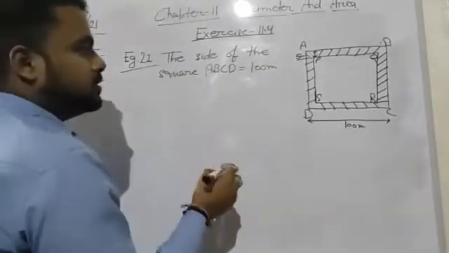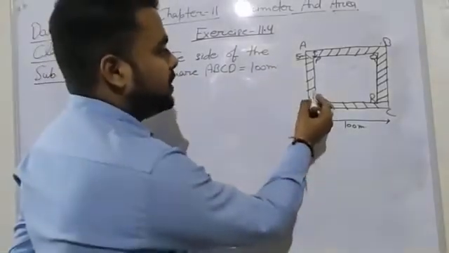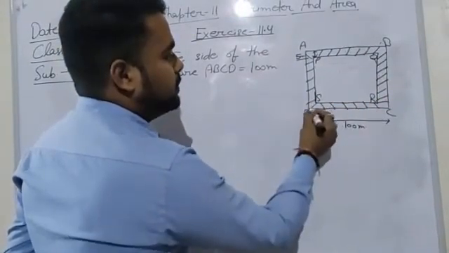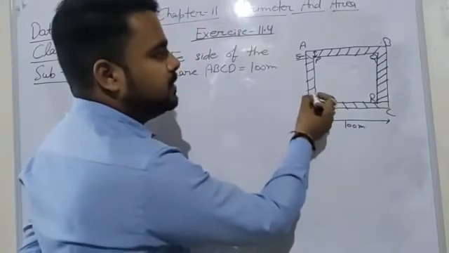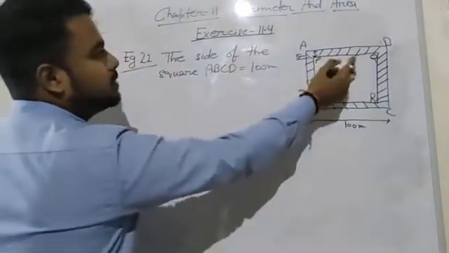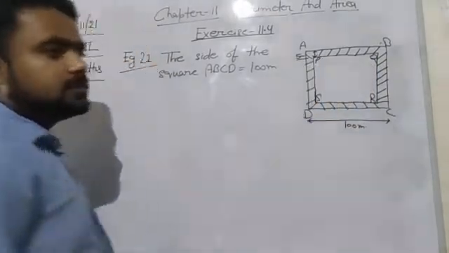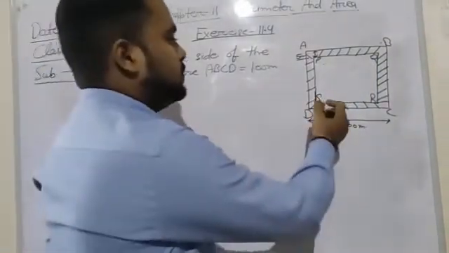Okay, and when we exclude these 5 meter paths from the side of square ABCD, then we find the length of the side of square PQRS.